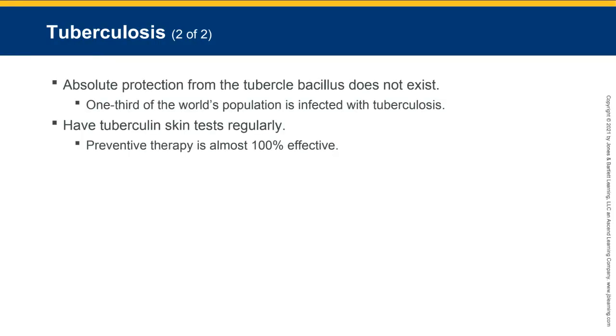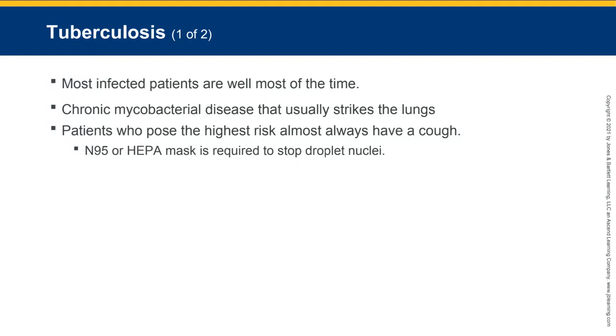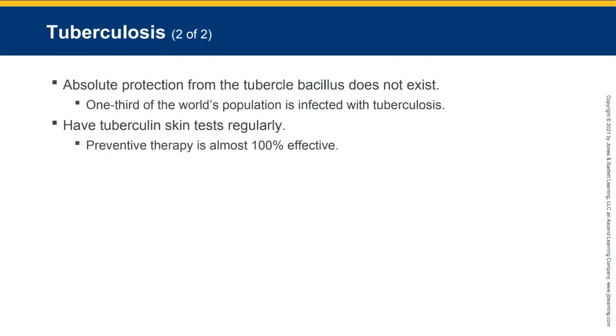Now, you're required to do a tuberculin skin test as an EMS provider. I think we do that yearly. And if it's positive, you have to do a chest x-ray to ensure that bacteria is not in the lungs. Absolute protection from the tubercle bacillus does not exist.